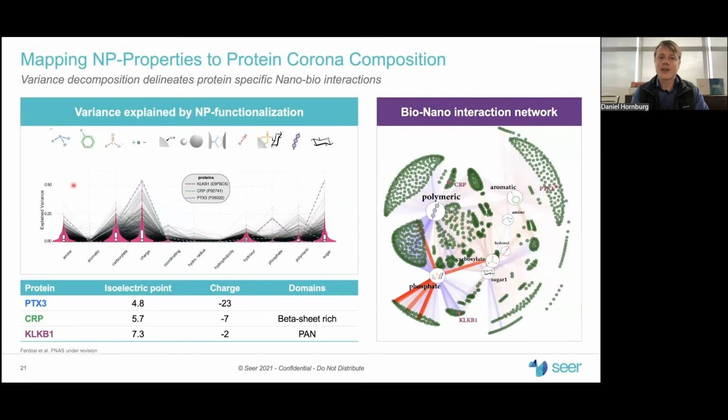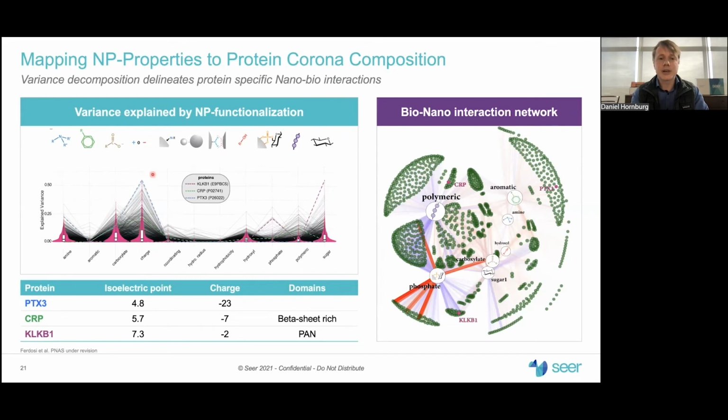We can take that one step further and slightly turn it around by looking now at the individual proteins and ask how much of the observed variation across the set of these 37 nanoparticles is explained by a particular functional group. And what you see here is a variance decomposition analysis, where one line indicates a particular protein, and it explains variation across all the different nanoparticles.